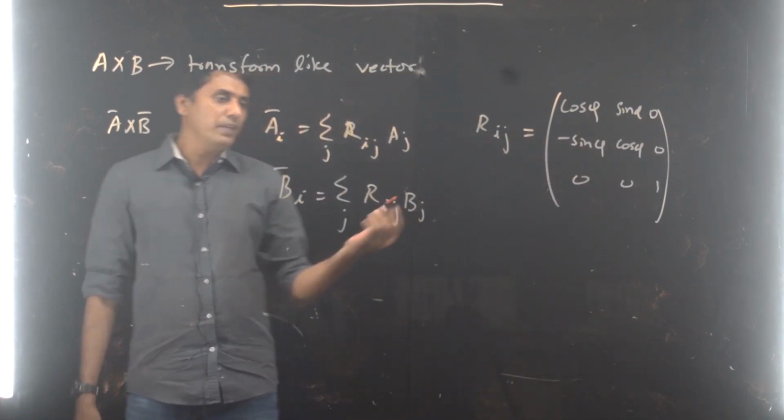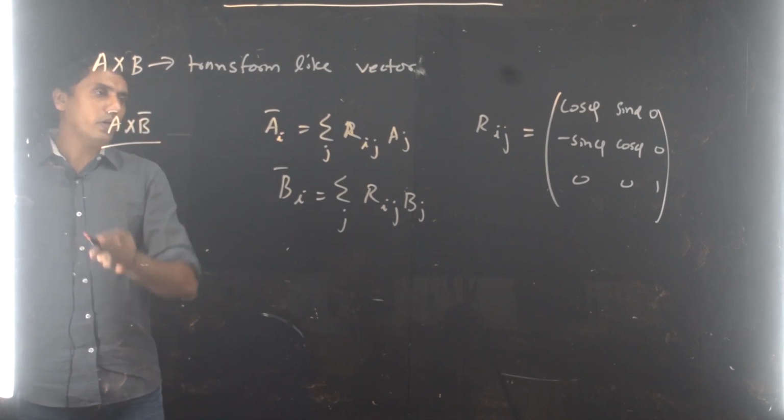Then you can evaluate A cross B, which will have three components.